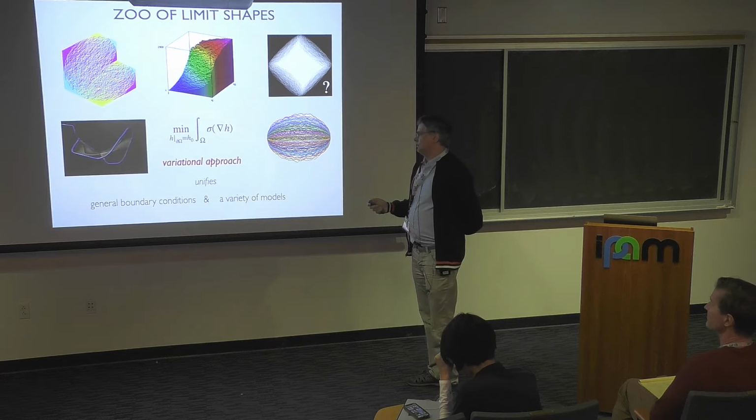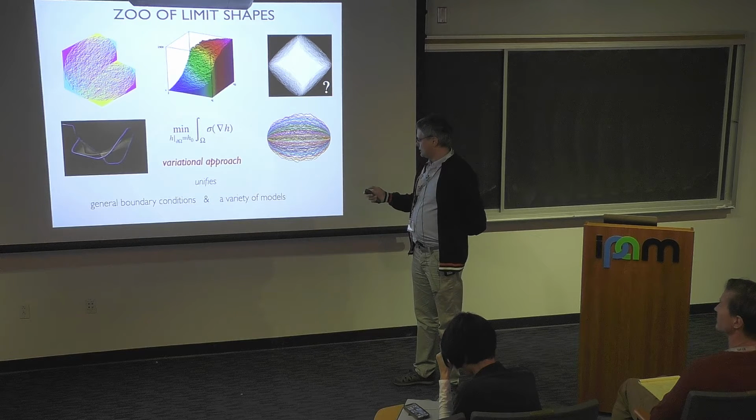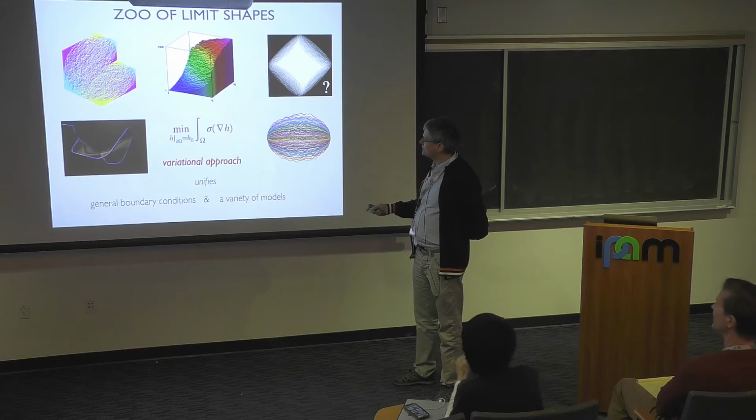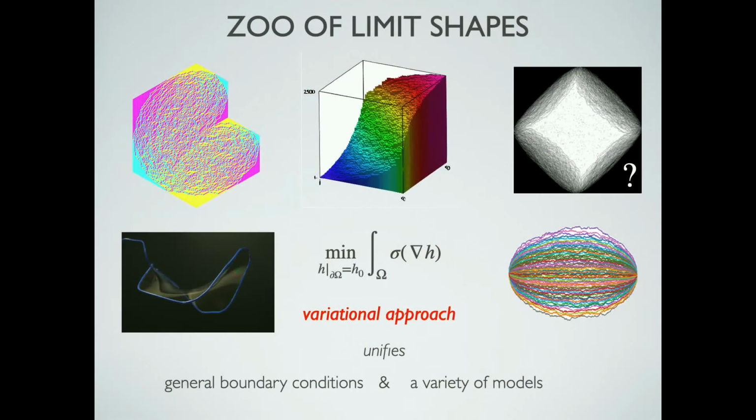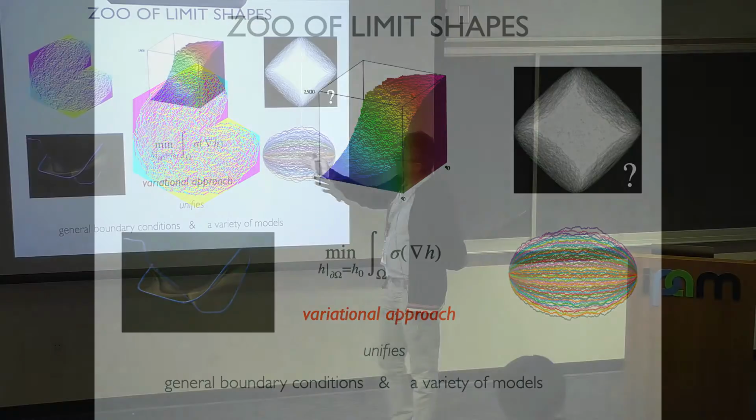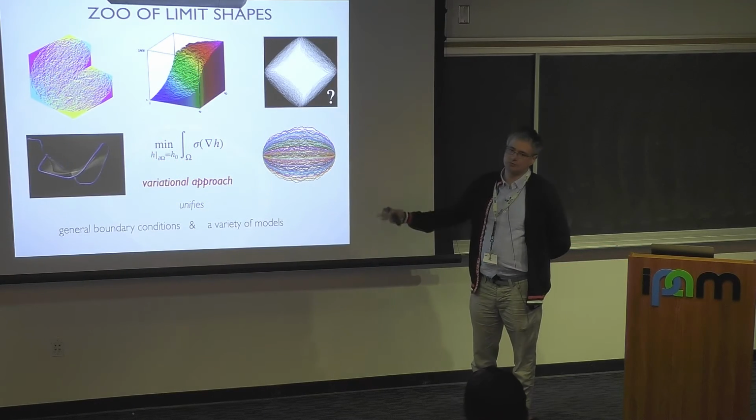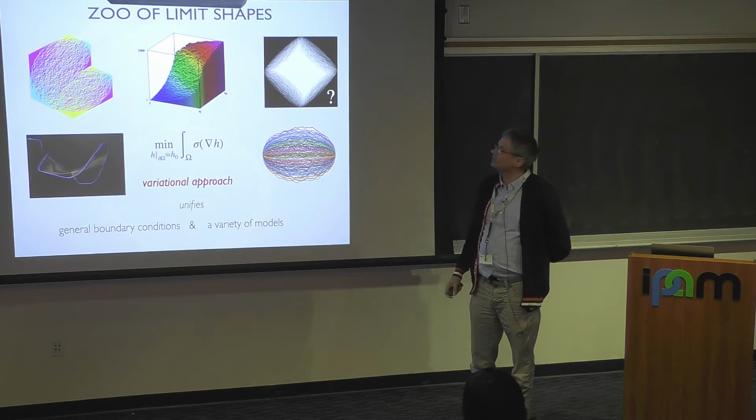So for me, the motivation of this variational approach is that it's very general, applies for different models and also for general boundary conditions, and also that one would just like to understand what's special about this surface tension, what are the common features.